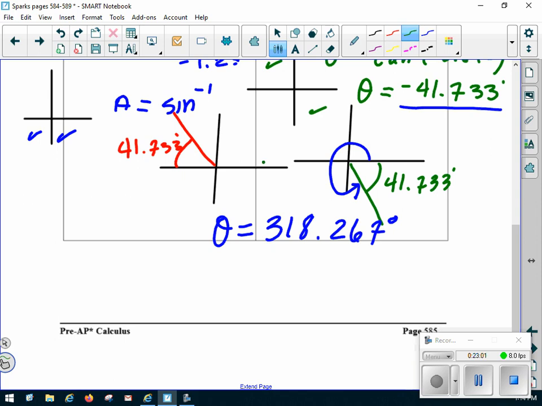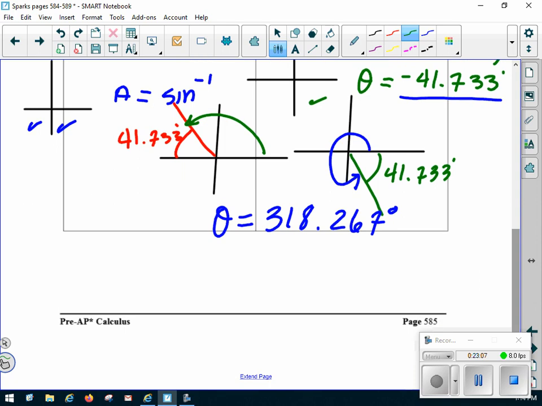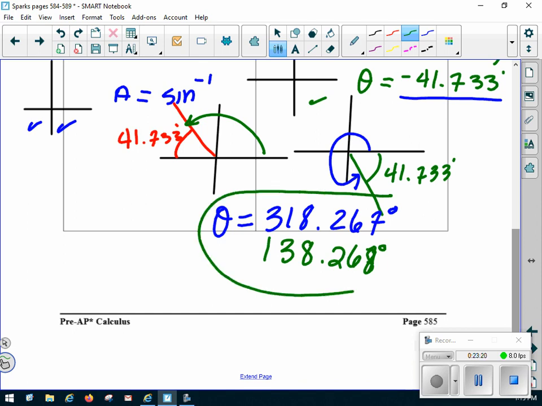So I am looking for this angle. 138.268. Agreed? 267 or 268? A thousandth different, I'm not going to complain.